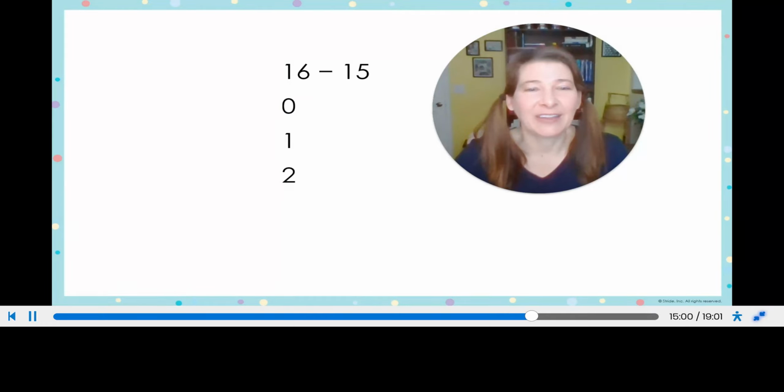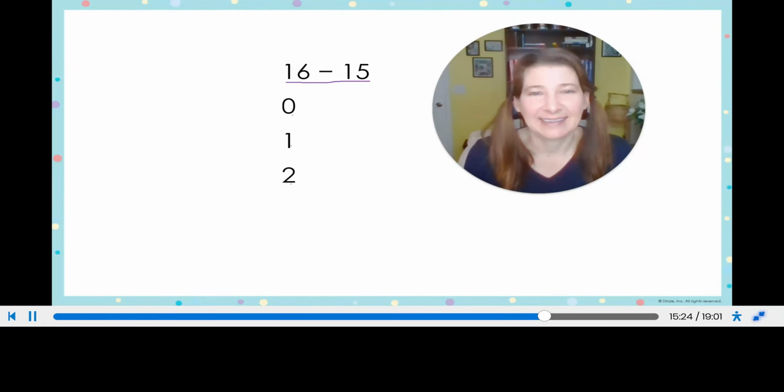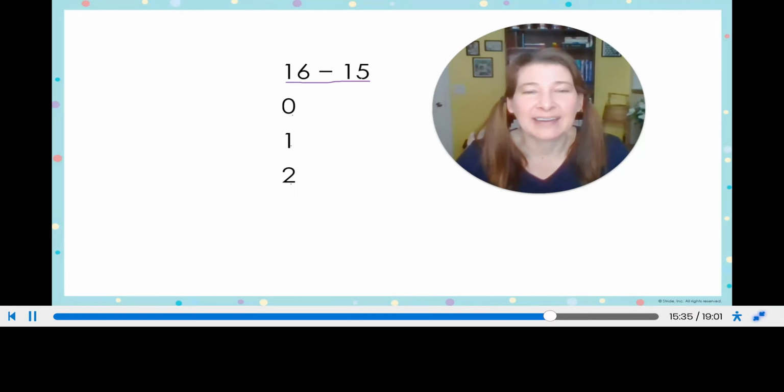All right, here is another one. 16 minus 15. Is the answer 0, 1, or 2? Now, if you don't have your answer yet, I will give you a hint that the best strategy here is counting on. 16 minus 15 equals 1.